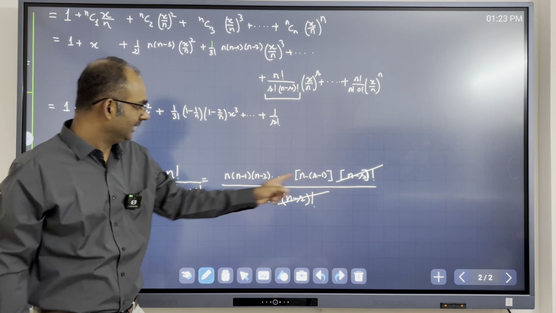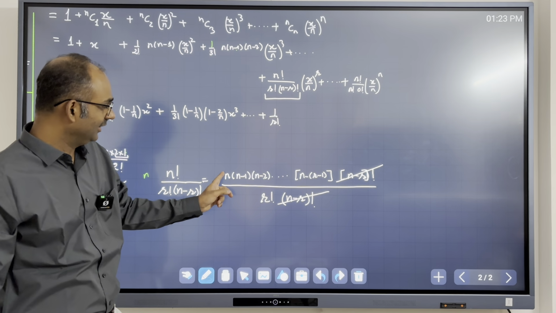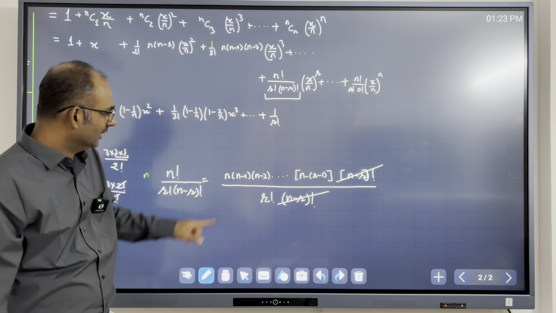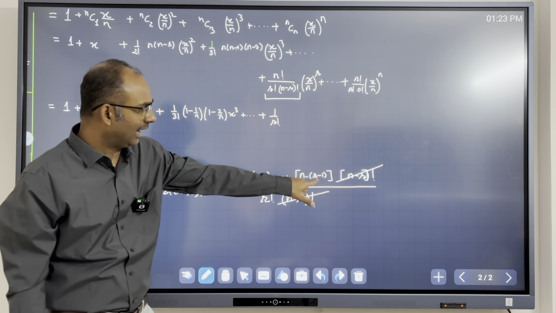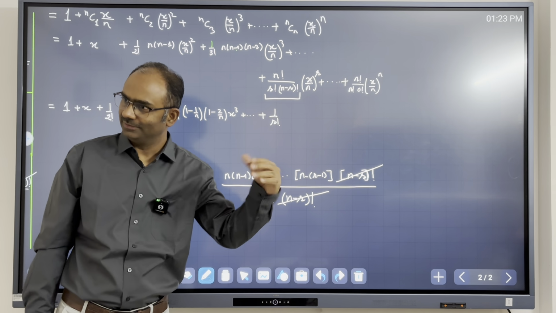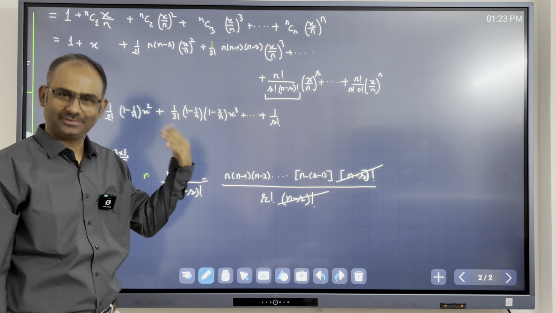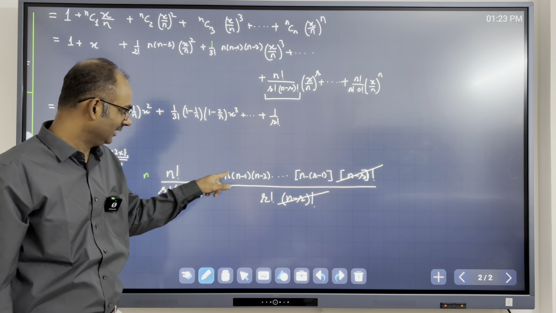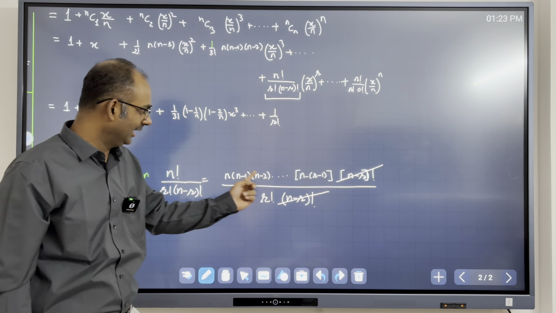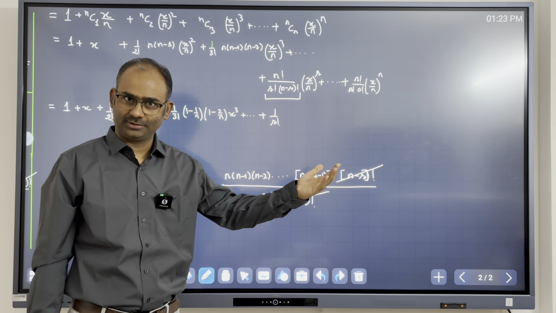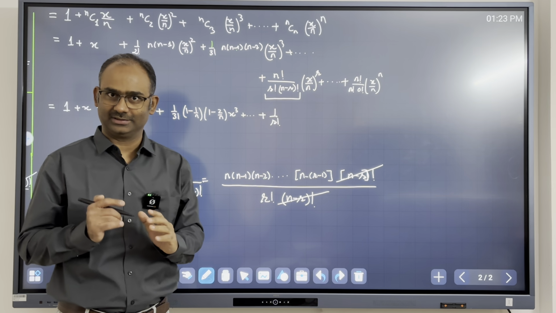How many factors are there? 1, 2, up to r minus 1, so those are r minus 1 factors. But then the first one is n minus 0, so that's 1 factor from here and r minus 1 factors from here, which makes a total of r factors.